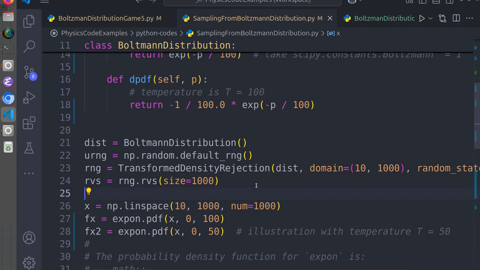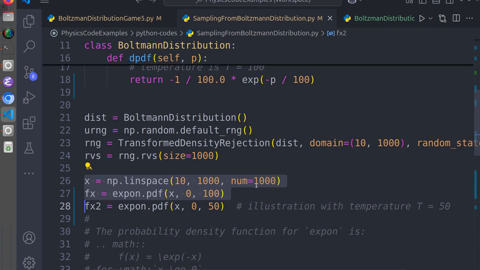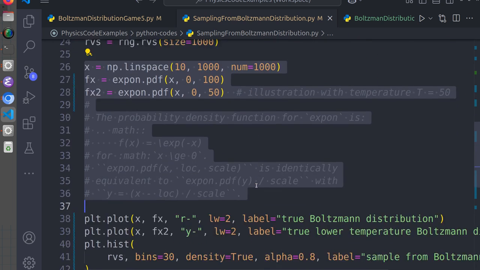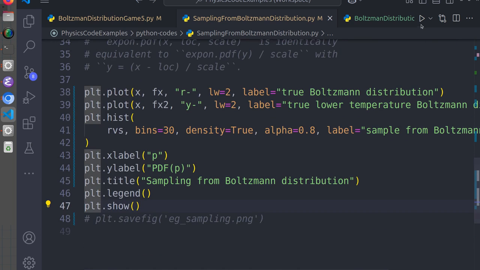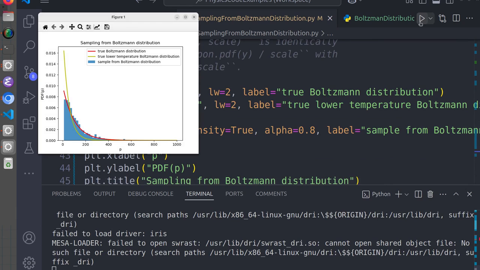And here I wanted to compare what we get from the sample with respect to the exponential distribution function. We can plot them to see. Let's run this to see what's going on. Okay, so you have something like that.